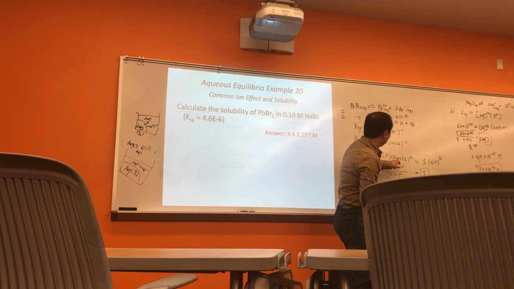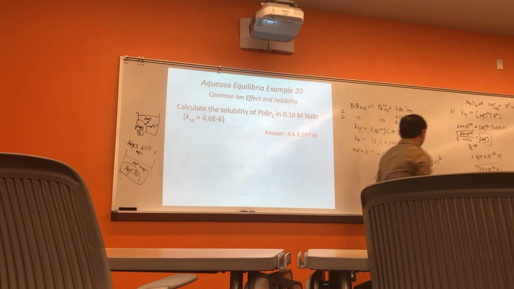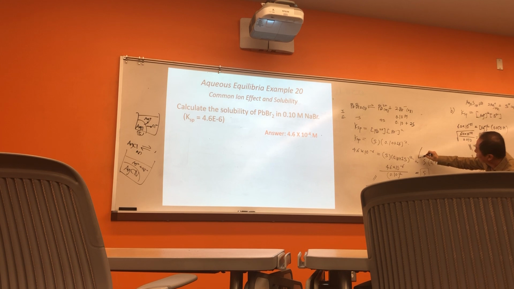Therefore, compared to 0.10, 2S can be ignored. So here we assume 0.10 is a lot greater than 2S. With the assumption, we have 0.10 squared, and you get this number.